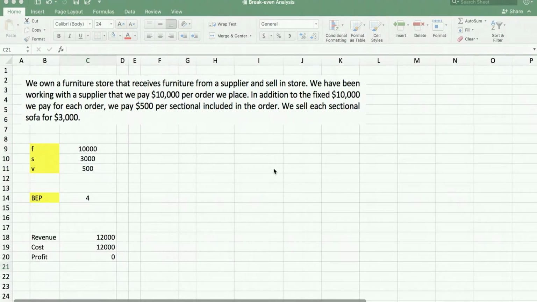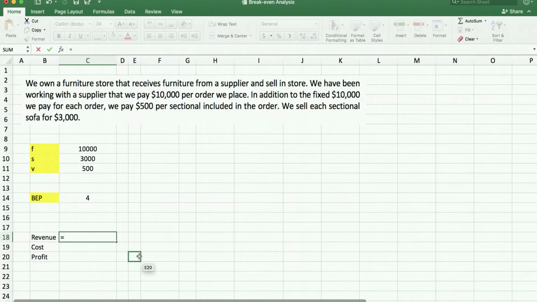A more efficient way to do this would be to, for example, use the values that we already inputted in Excel. For example, to calculate revenue, I can multiply the value of $3,000, which is in cell C10, times the break-even point, which is equal to 4, and that will give me the revenue.